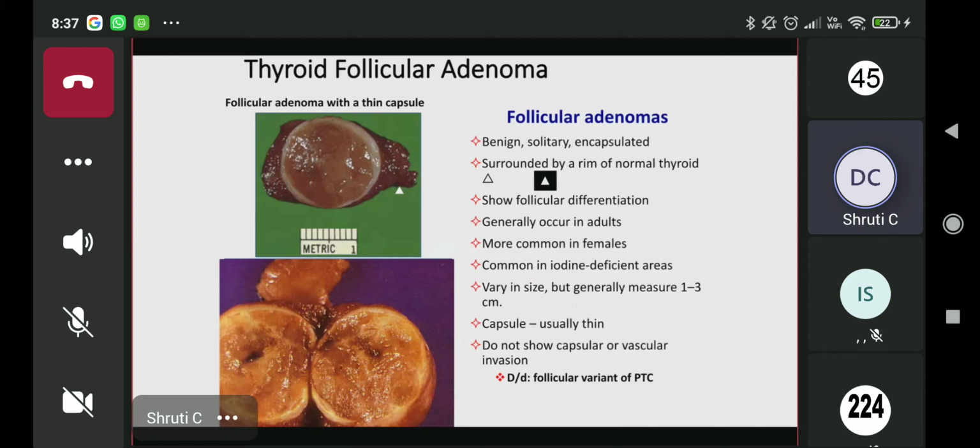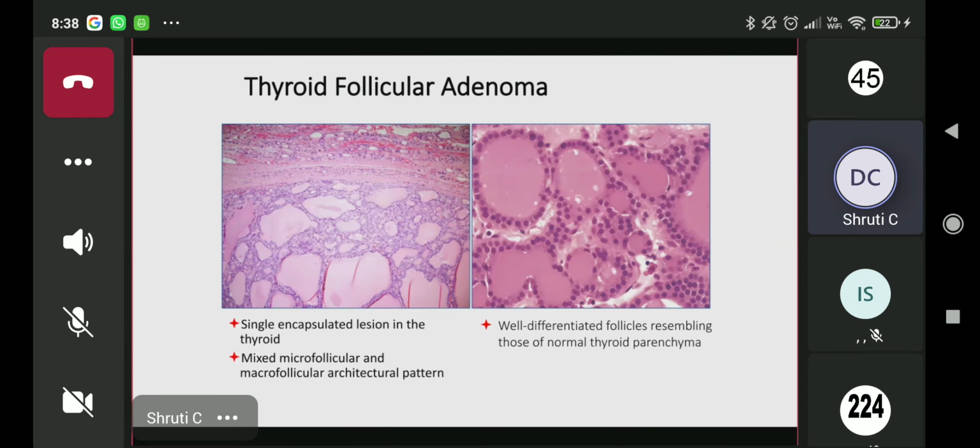Okay. So basically, how to differentiate follicular adenoma and follicular carcinoma? There will be a capsule in adenoma, and there is no capsular invasion or vascular invasion in adenoma. Like you can see, they are variably sized follicles, but this capsule, this fibrocollagenous tissue, is intact. It is not invaded.